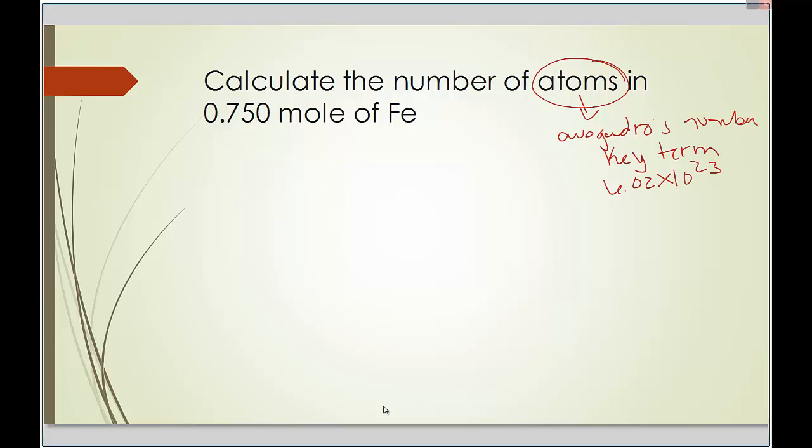You're looking for the words atoms, ions, molecules, or formula units. One of those 4 terms automatically tells you you're going to use Avogadro's number.